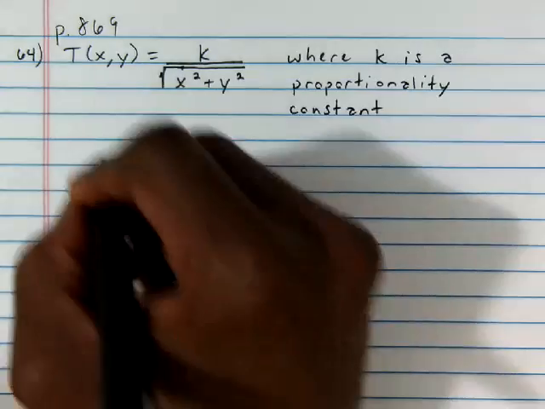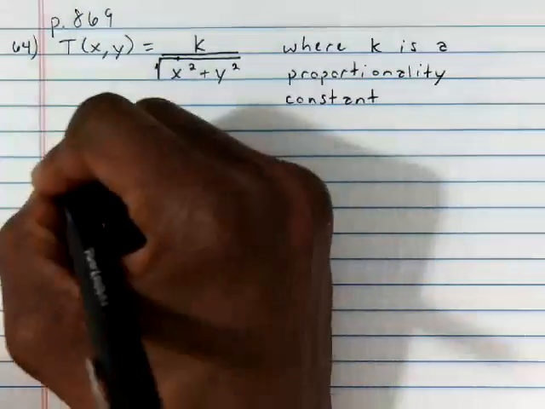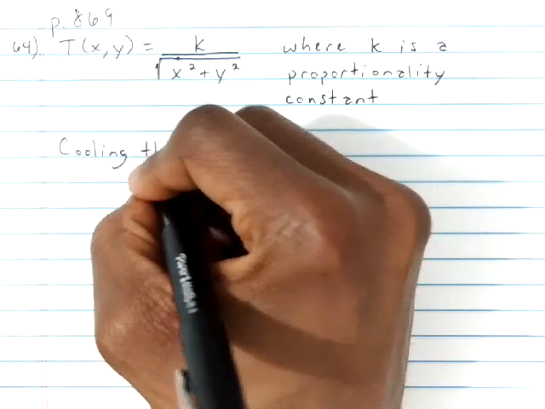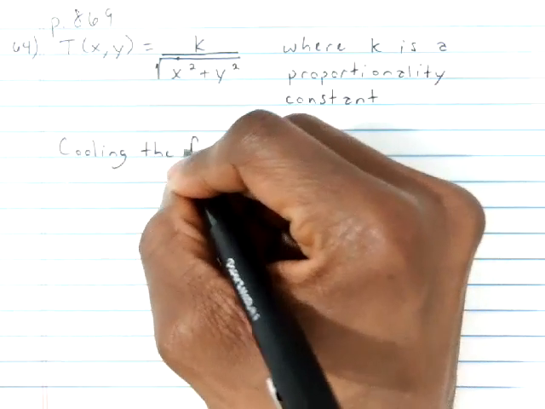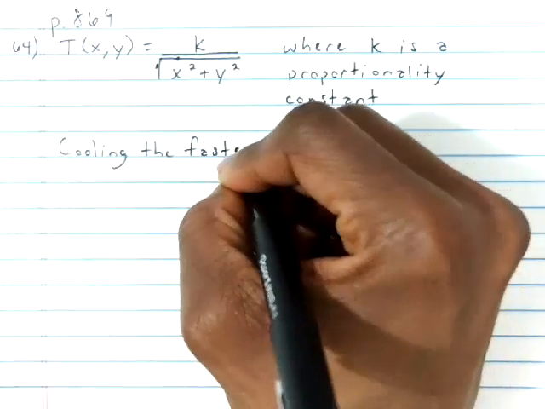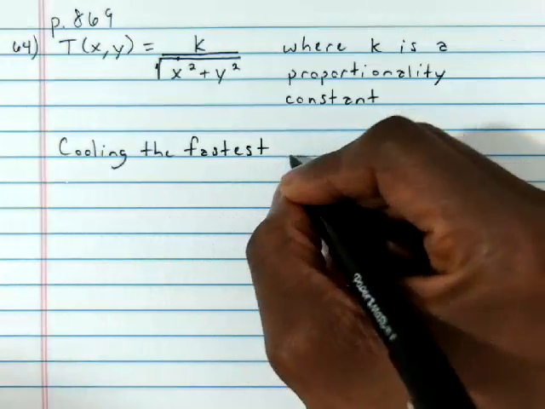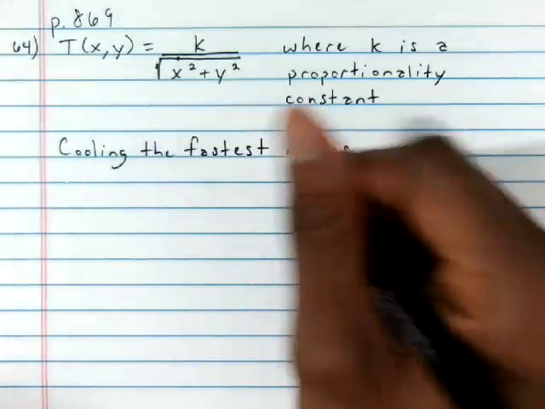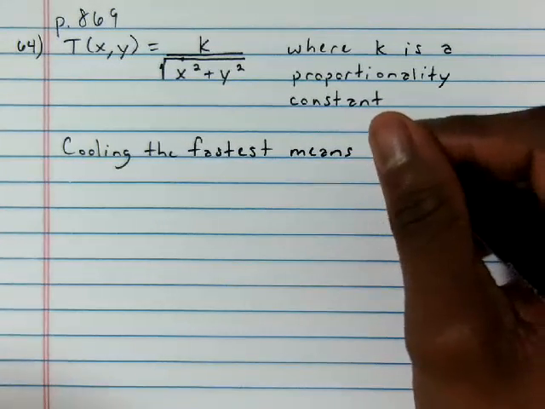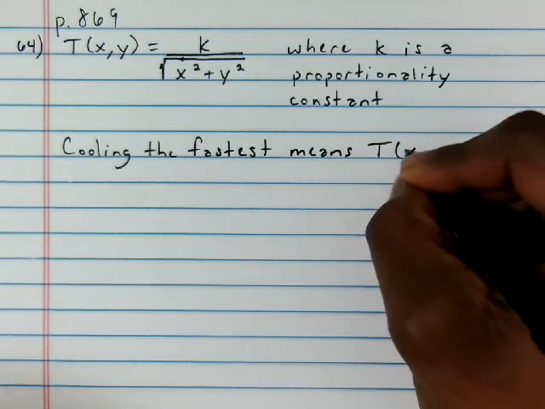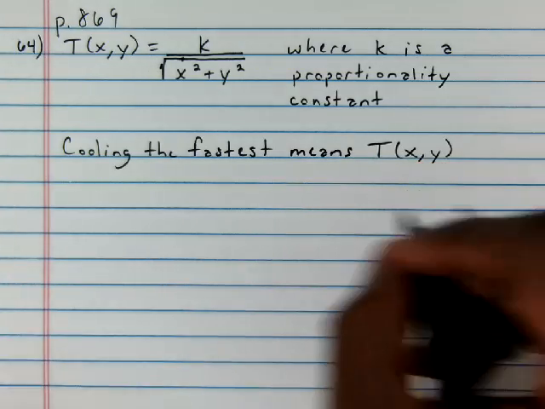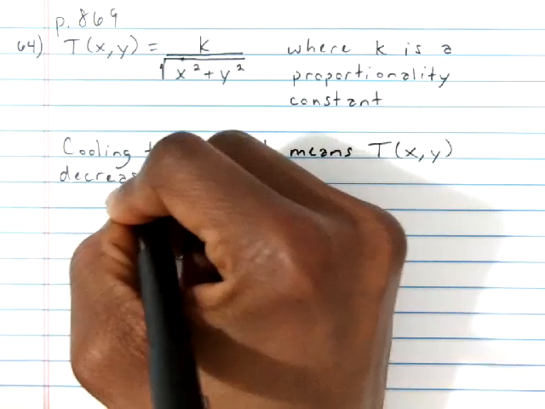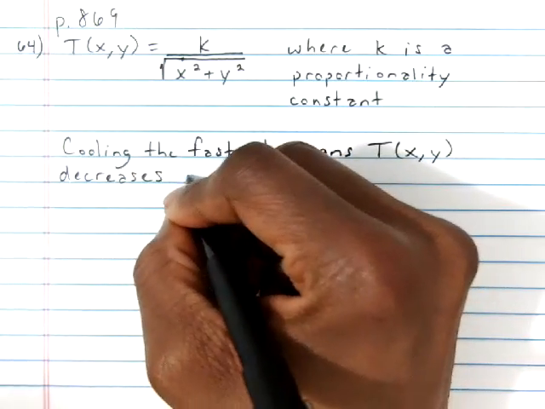All right, so cooling the fastest means, because it's a temperature, cooling would be decreasing, means T(x, y) decreases most rapidly.